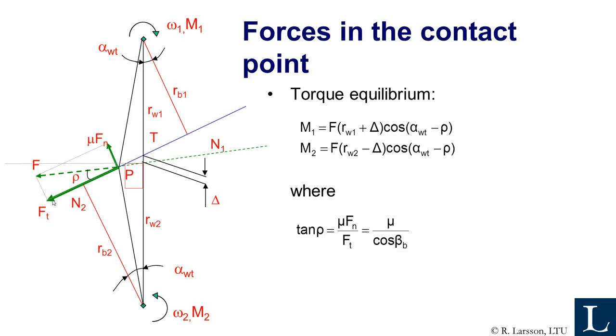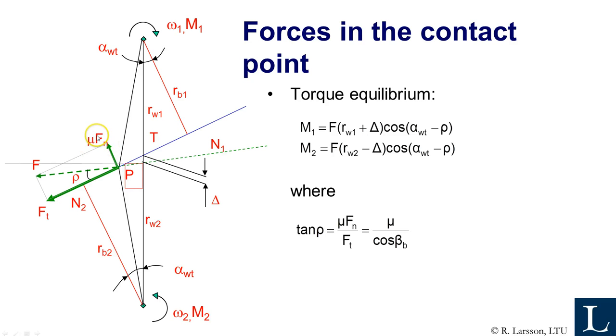Now we can assume that this could be a helical gear also. If it's a spur gear, it's simply the normal force here. And we have also the friction force. And the friction force is the total force Fn, the total normal force, multiplied by the friction coefficient.